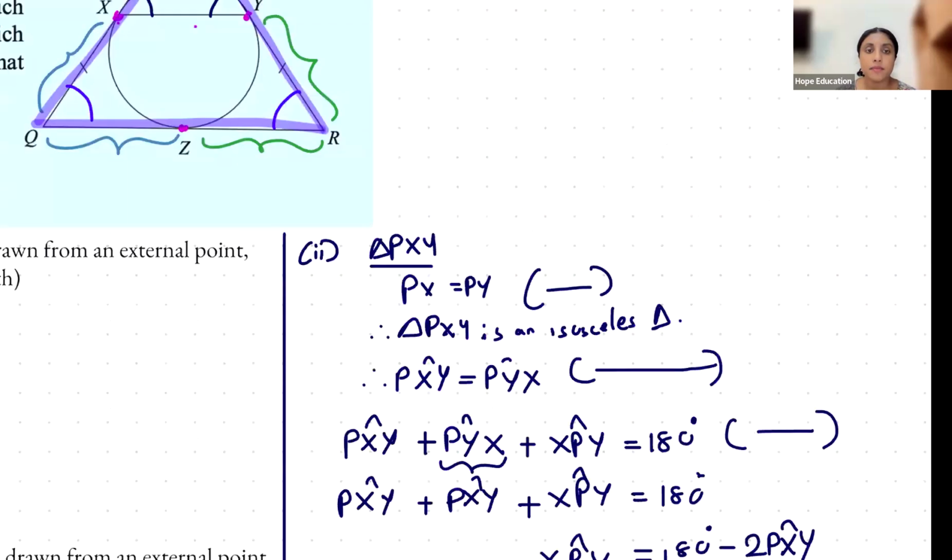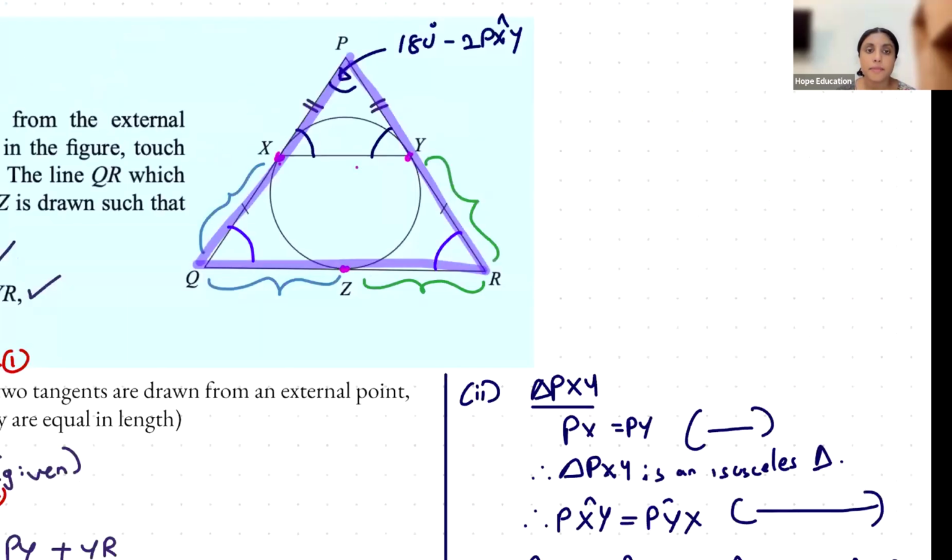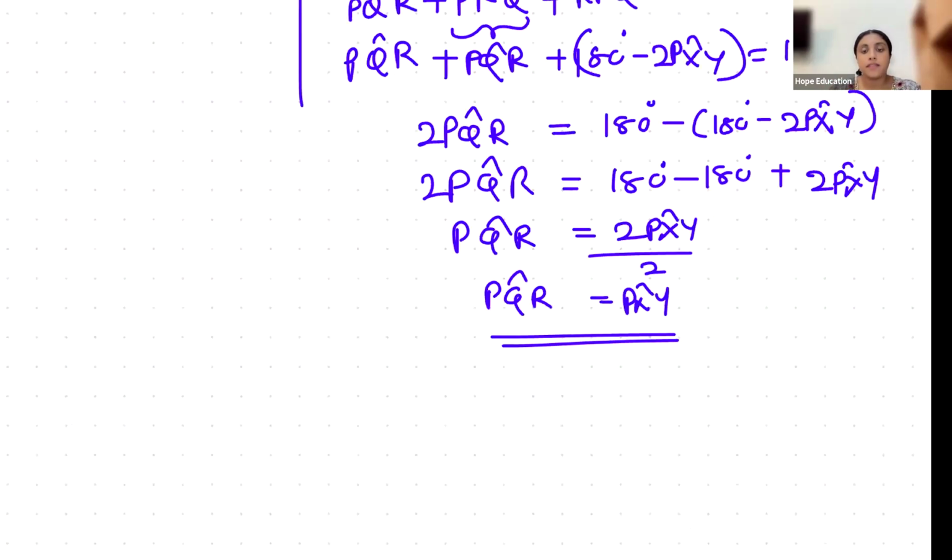PQR can measure, PXY can measure. And you can see they are also corresponding angles because they are in F shape. Therefore, we can say QR is parallel to XY. Because they are corresponding angles, therefore, XY is parallel to QR.